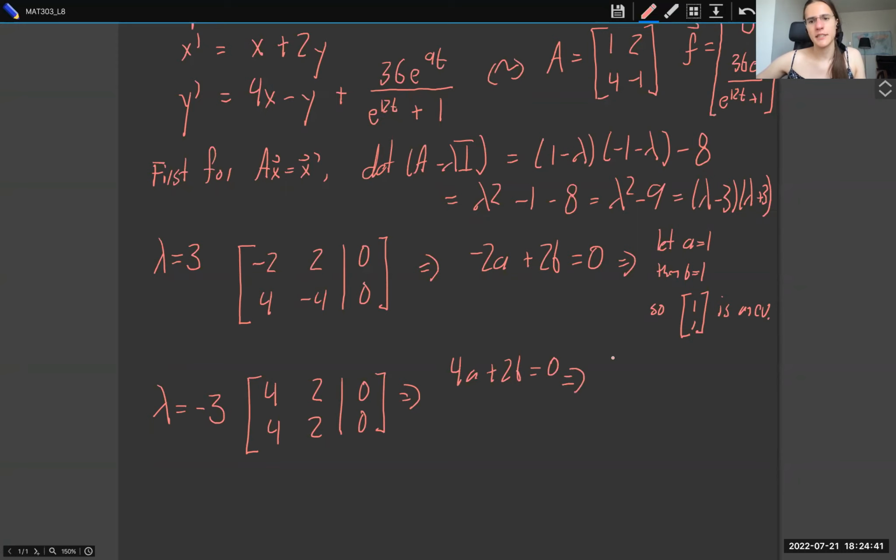So if we let a equal 1, then b is equal to what? -2. Yeah.